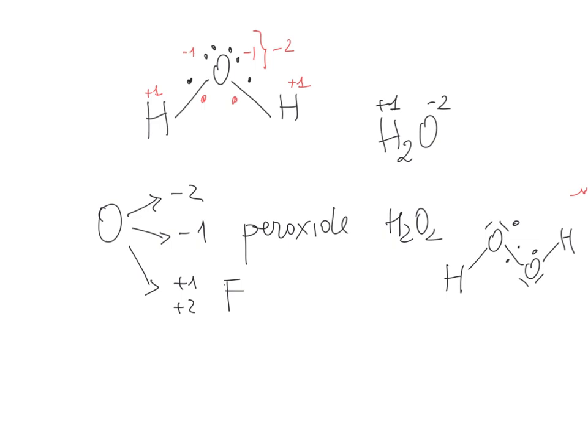So oxygen will be -1 compared to hydrogen, which is +1, because we can attribute the electron of hydrogen to oxygen, and we can do the same for the other bond. And so at the end oxygen will be -1 and hydrogen +1. The total oxidation number of the molecule is still 0.